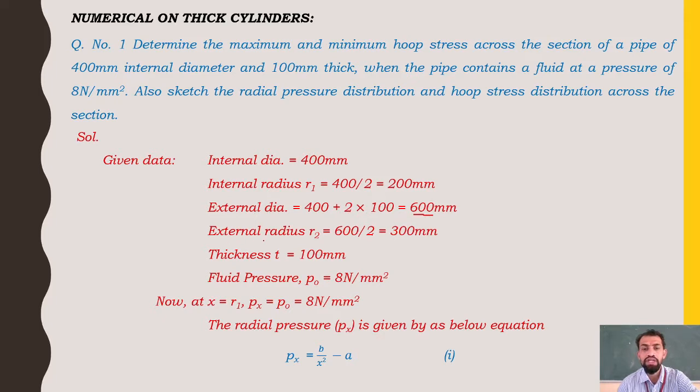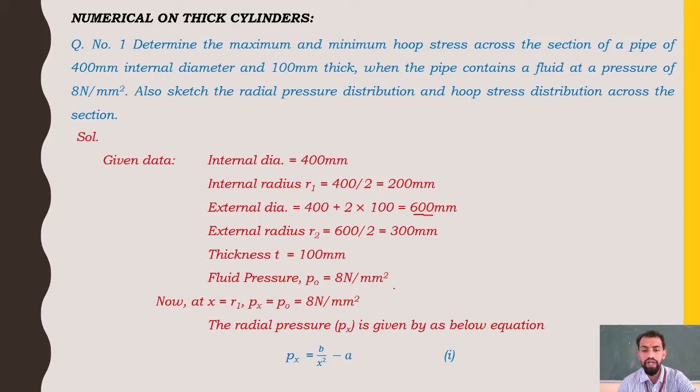Then external radius R2, diameter divided by 2, will become 300 mm. Then the thickness of the cylinder, one side shell, t equals 100 mm. Fluid pressure P0 is equal to 8 Newton per mm square.